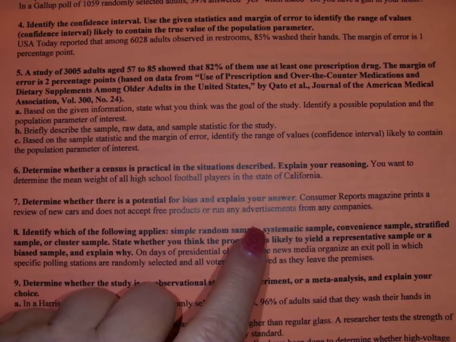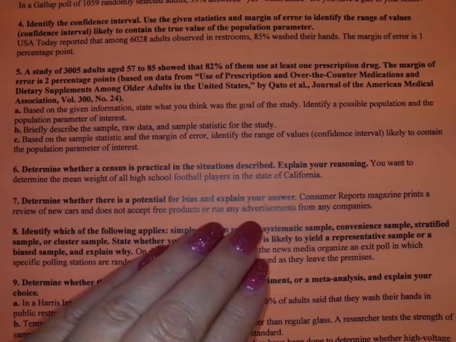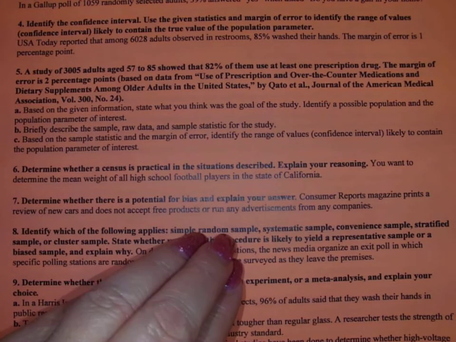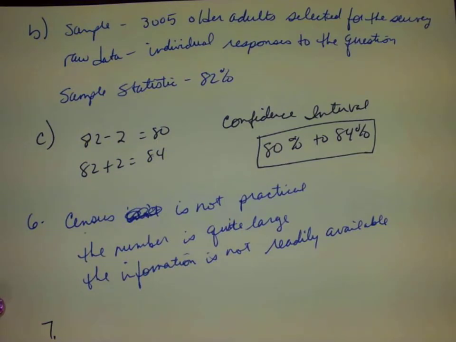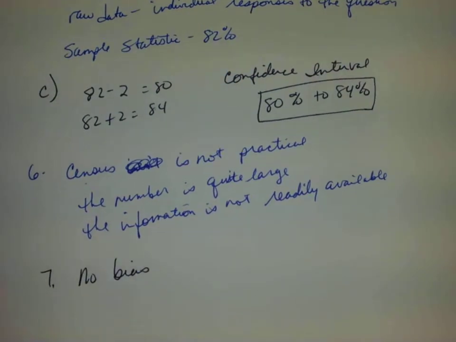So by not running advertisements, they are not being biased because, like, it's still got money involved. If they're running advertisements, they don't want to lose that sponsorship, right? So because they don't do any ads and they don't take any products, then this is not going to be biased. So no bias.